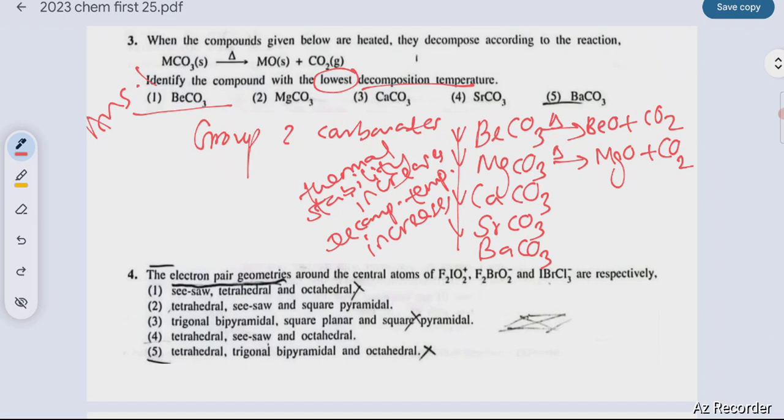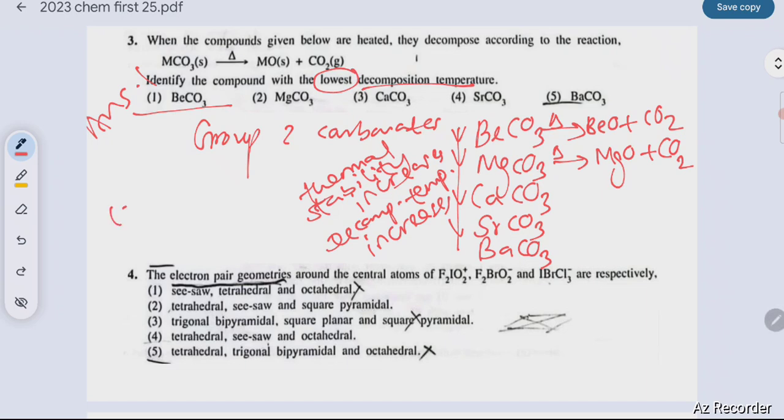Now we know that in order to have a high ionic character, the ionic radius should be high for the cation. The cation should have a large size, and that is the one with the highest ionic character.